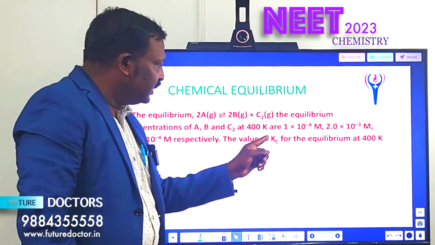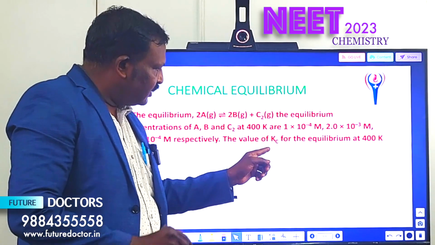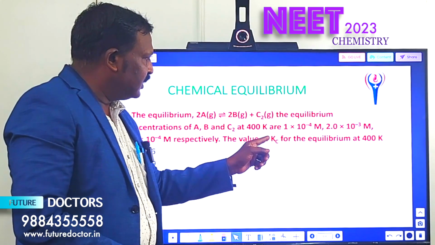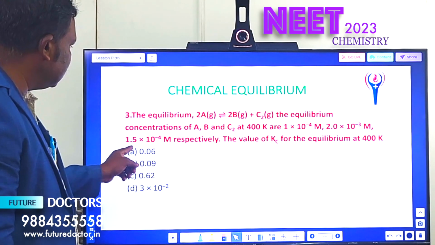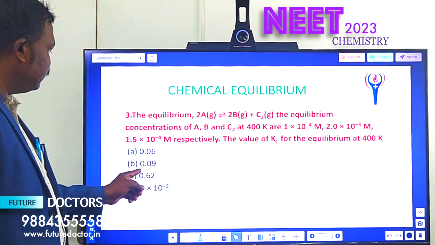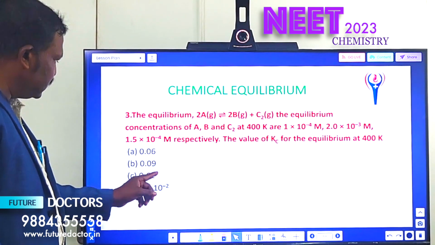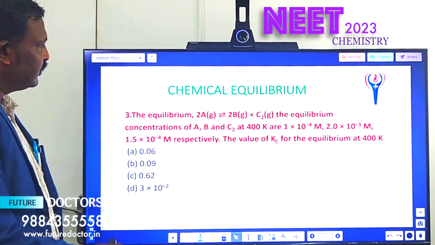Kc is nothing but the equilibrium constant in terms of concentration. We also have Kp, which is in terms of partial pressure. The options given are A 0.06, B 0.09, C 0.062, D 3 into 10 power minus 2. Now see the next one.